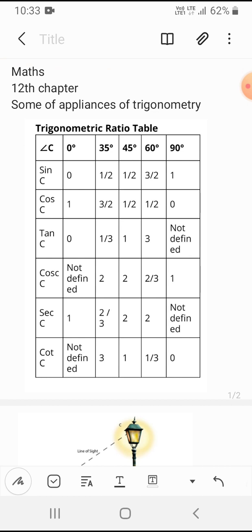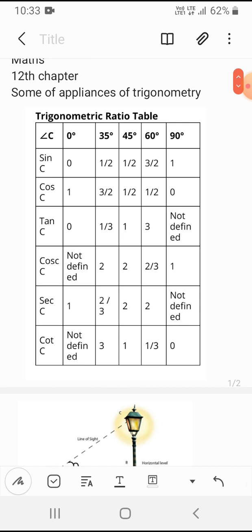Like that, for 45 it is 1 by root 2, for 60 it is root 3 by 2, and for 90 we should take 1. And cos is 1, root 3 by 2, 1 by root 2, 1 by 2, 0, and tan is 0, 1 by root 3, 1, root 3, and they have not defined it at 90 degree. And cosecant, they have not defined the value at 0 degree.